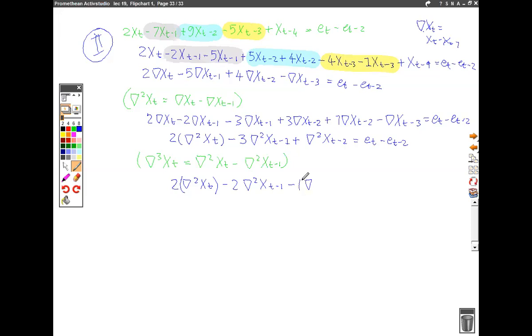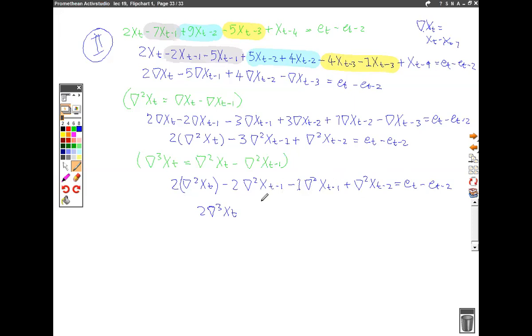So minus 1 times nabla square xt minus 1, and you have nabla square xt minus 2 equal to et minus 2, right? So now I can again rewrite this as 2 nabla cube xt, right, which will account for both of these.